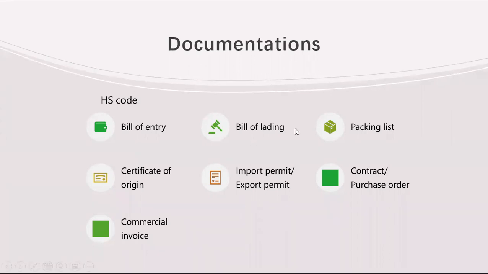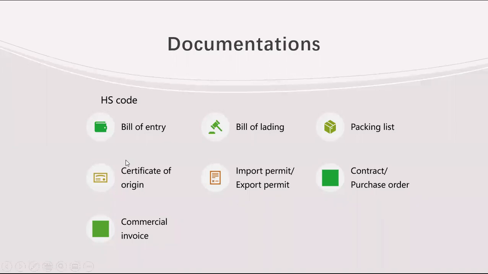And we may see other types of documentation here, but they play a less important role. For example, we see the packing list. Essentially, the packing list is just a document that shows the quantity of the goods within a container. It only shows the type of goods and its quantity, not very specific.